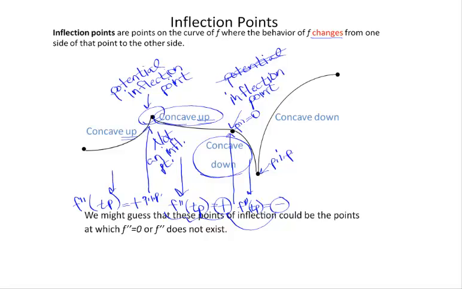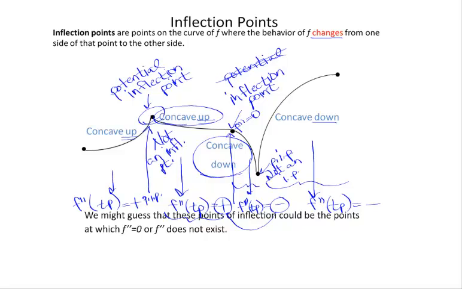I've already tested what's happening on this interval. Let's take some input value here, plug it into our second derivative to see what's happening. Clearly, the second derivative is still going to be negative. This is not an inflection point.